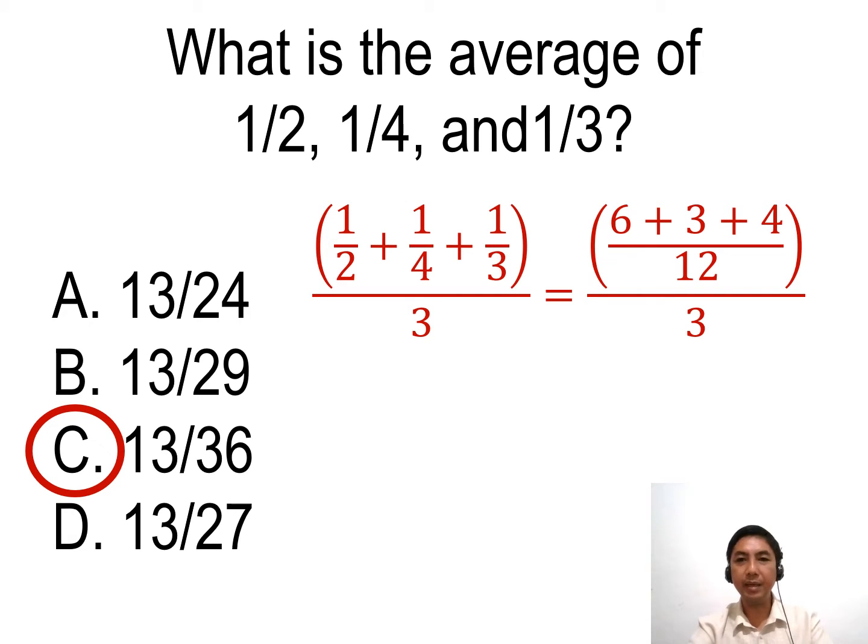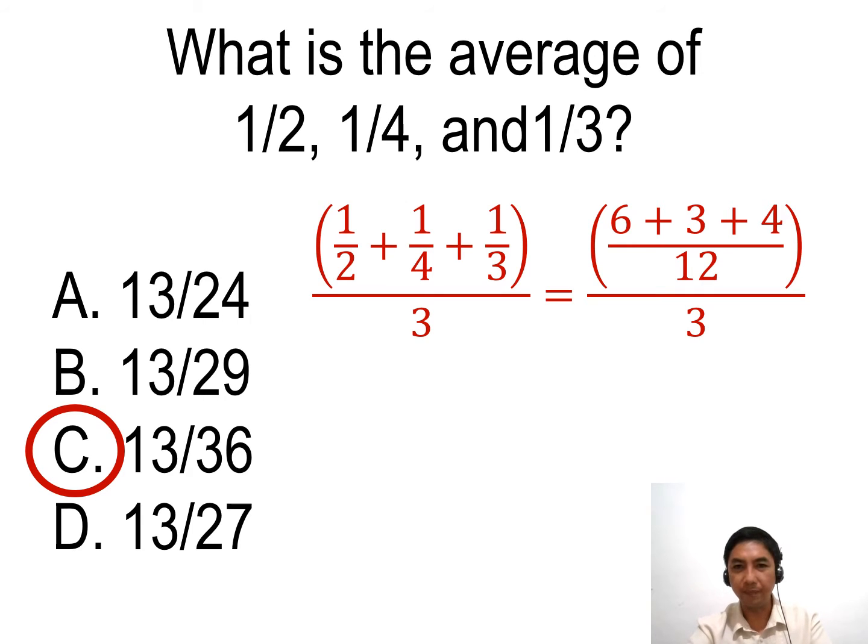And then we can use the LCD. The LCD between 2, 4, and 3 is 12. Just like 12 divided by 2 is 6 times 1 will give you 6. Then 12 divided by 4 is 3, multiply by 1, you are given 3. 12 divided by 3 is 4 times 1 will give you 4.